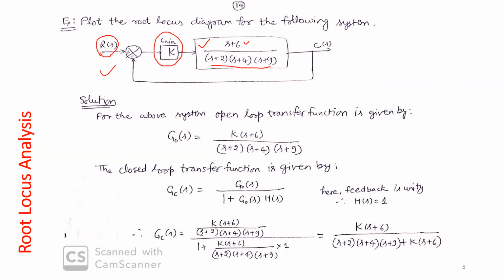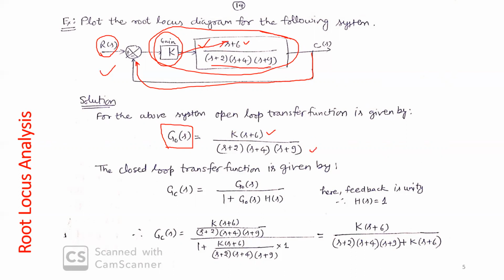It is a closed loop system when you consider this feedback. The open loop transfer function G0(s) is the multiplication of the gain with the system, so k is multiplied here: k(s plus 1)(s plus 6) divided by (s plus 2)(s plus 4)(s plus 9).